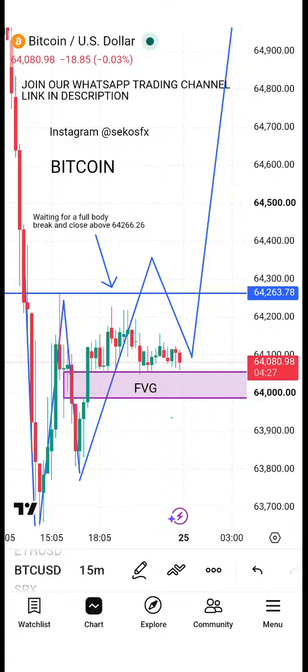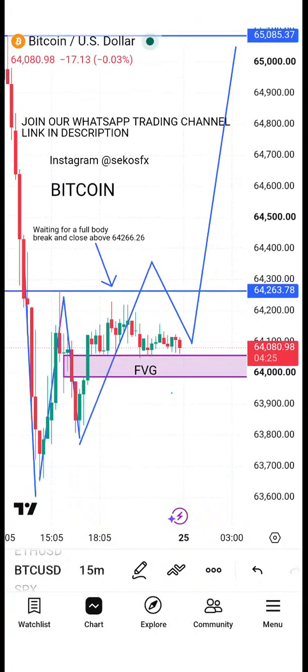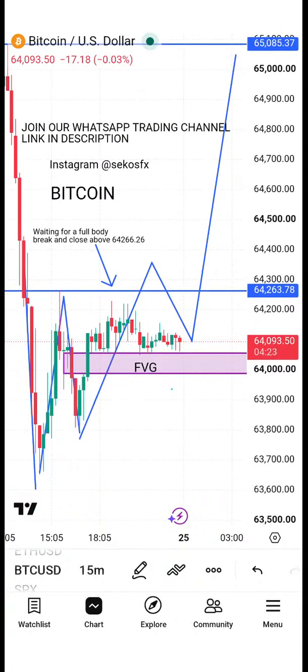This is Bitcoin, guys. This is an analysis for Bitcoin.